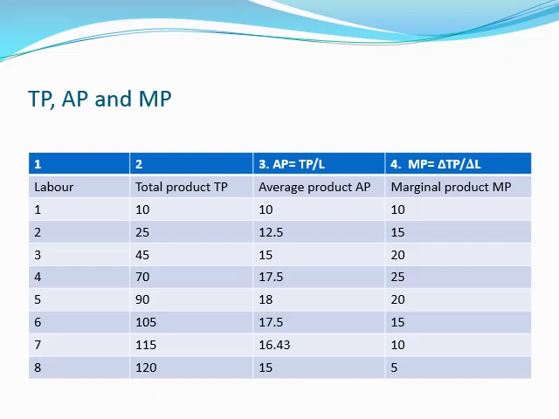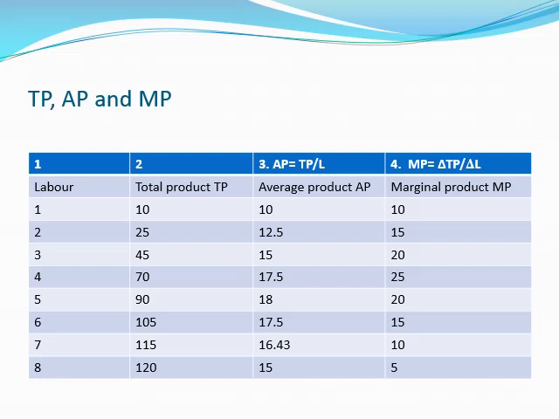As you see, the maximum level of marginal product equals 25.